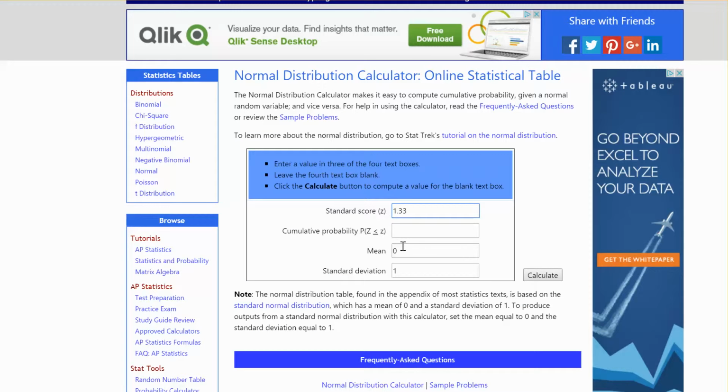Remember, that would be left of 1.33. The mean is still 0. Standard deviation is still 1 because we converted it to standard normal. And that would put us in about the 91st percentile. So the cumulative probability less than 1.33 is 0.90824. So an IQ score of 120 would be better than almost 91% of the other people that took the IQ test.